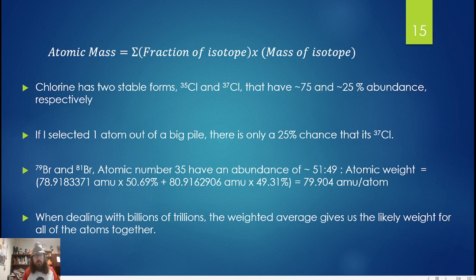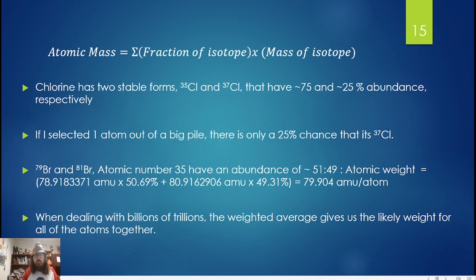But if you take their atomic masses, which are 78.918337, which essentially rounds to 79, and 80.9162906, which is approximately 81, and multiply by their relative abundances and sum them up, you're going to get the weight we see on the periodic table, which is 79.904.